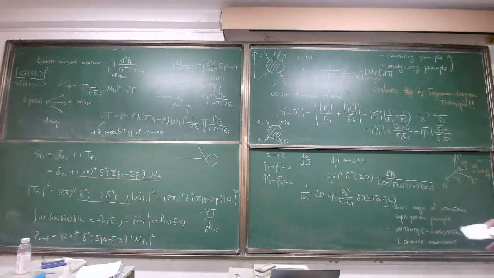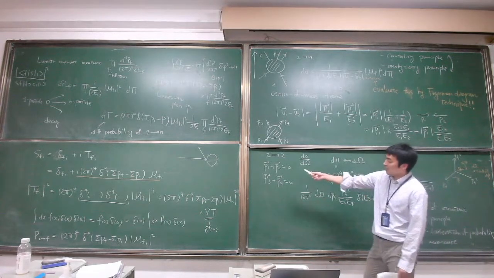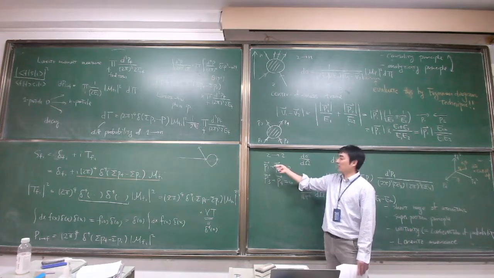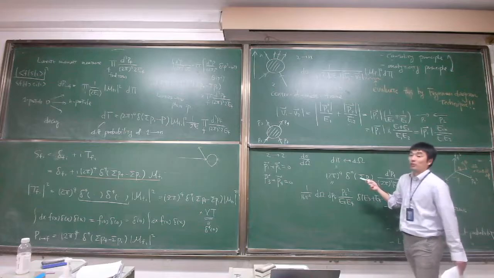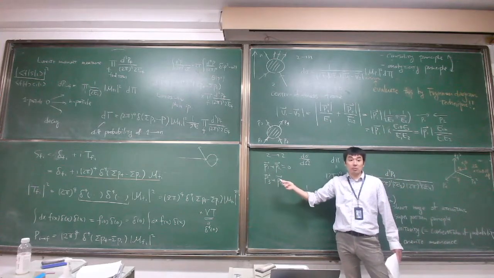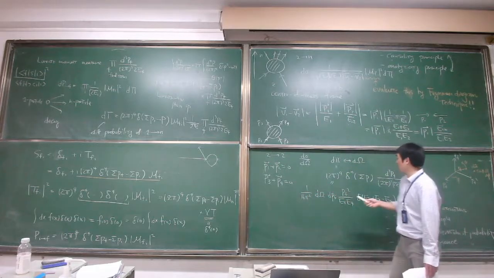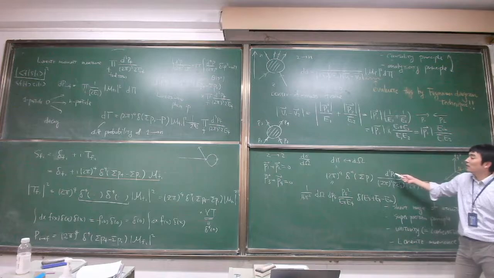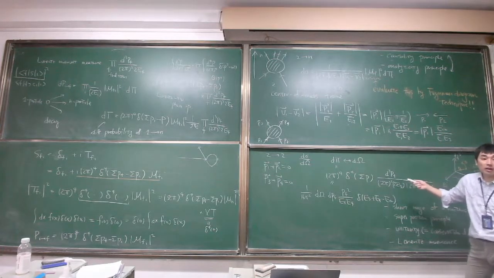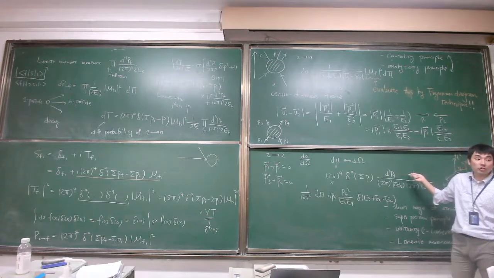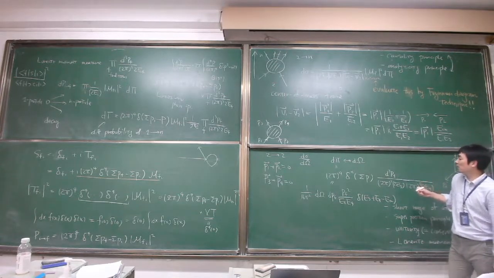The spatial part, the momentum conservation, is too trivial, because when you go to the center of mass, p1 plus p2 equals 0, and p3 plus p4 equals 0. We already impose that by ignoring dp3 and dp4. So the spatial part already uses the delta function. Do you understand what I mean?